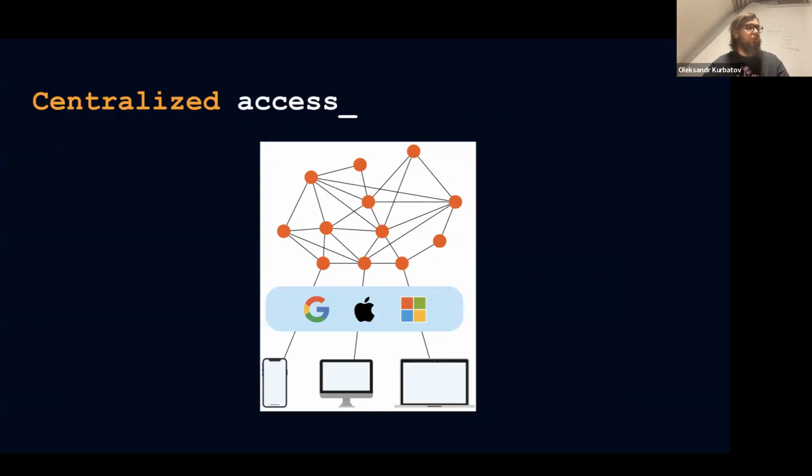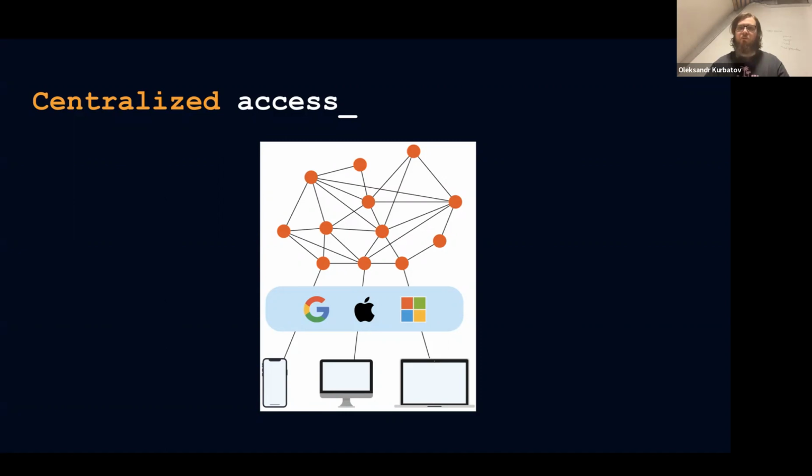There is one more problem. It means that you can, but usually you receive your different wallets, your different applications for controlling your account in the centralized environment. But all these applications are placed on centralized platforms.